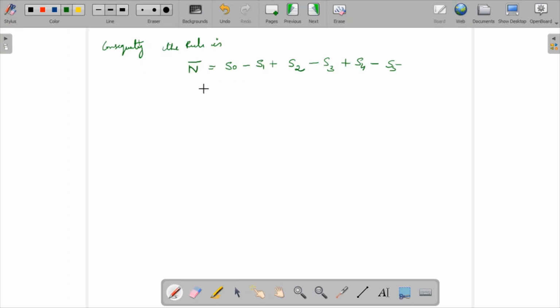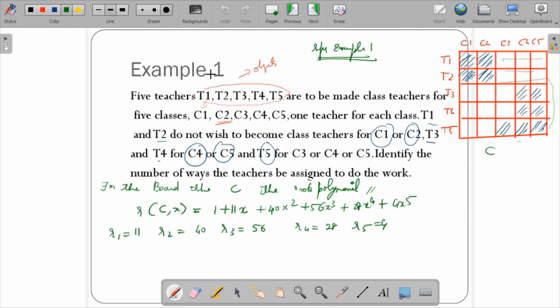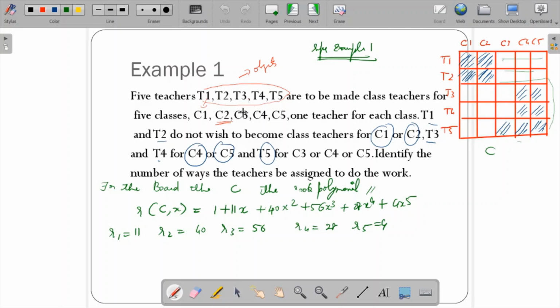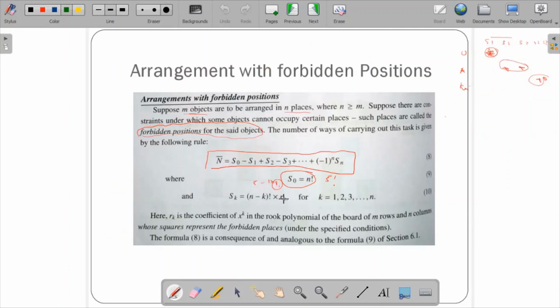You know that S0 is nothing but n factorial. So what is our n over here? N we have 5. So n is 5, and S0 is 5 factorial, that is nothing but 120. For the S1 formula, Sk is n minus k factorial into Rk.